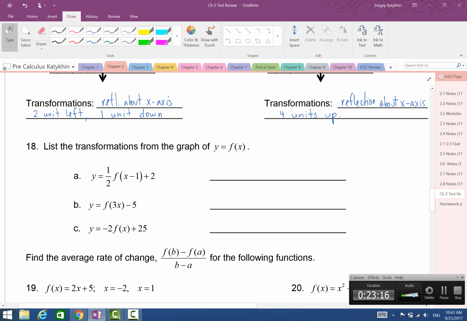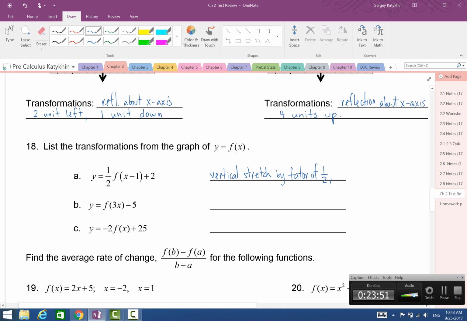Similar things, number 18, it's asking you the same thing. List the transformations from the graph of f of x to the new graph they give you. So in this case, that 1/2 in front will have a vertical stretch by a factor of 1/2.